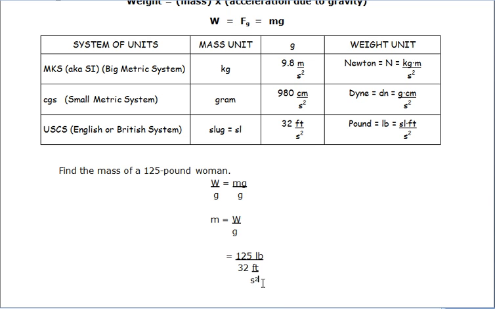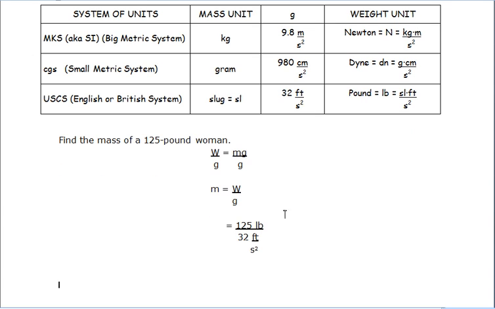Now, it's easy enough to do the calculation for the numbers. We have 125 divided by 32, which is 3.9.